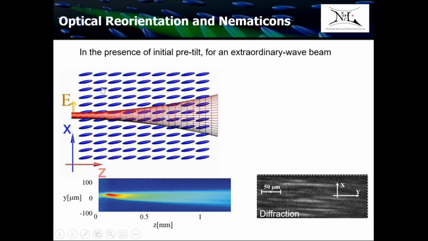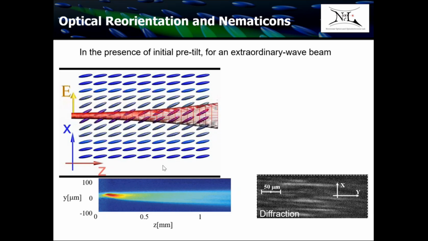However, if I increase the electric field in the extraordinary polarization, as indicated in this sketch, I can induce the torque I indicated before by inducing dipoles in the molecules, and this reorientation will tend to move the molecules along the propagation of the beam. This rotation of the molecules will increase the angle theta.